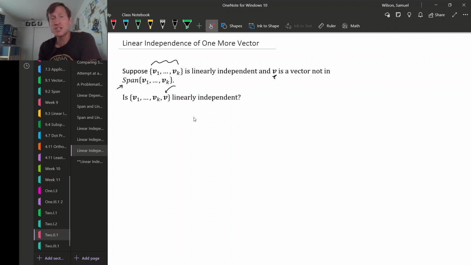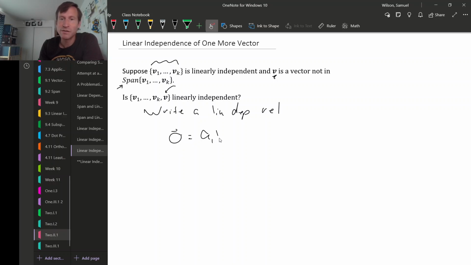Well, to answer this question, what we can do is just think about a linear dependence relationship. So write a linear dependence relationship: 0, the 0 vector, equals a1 v1 plus dot dot dot plus ak vk.